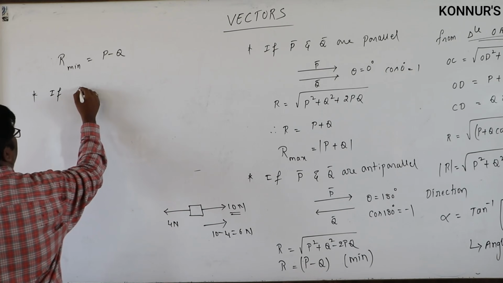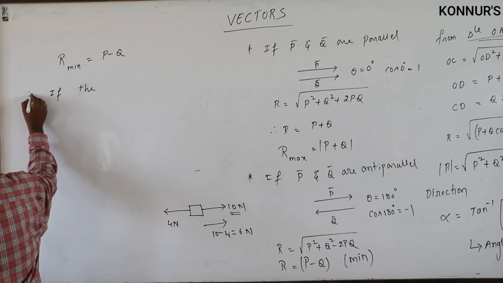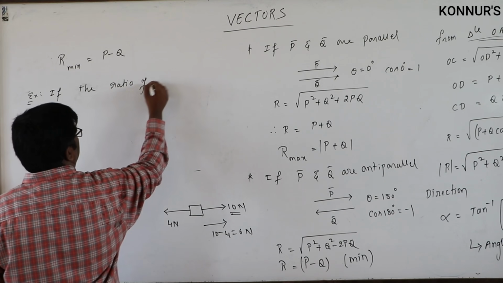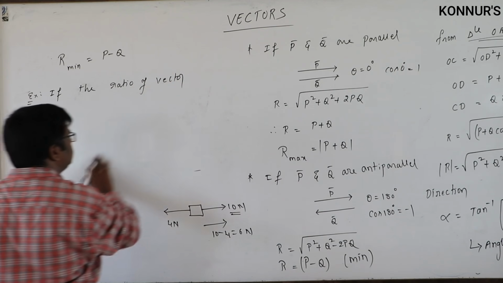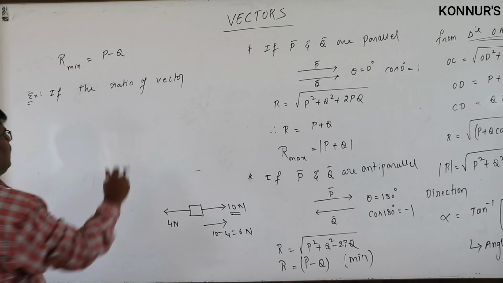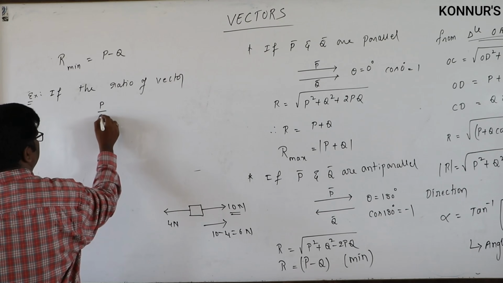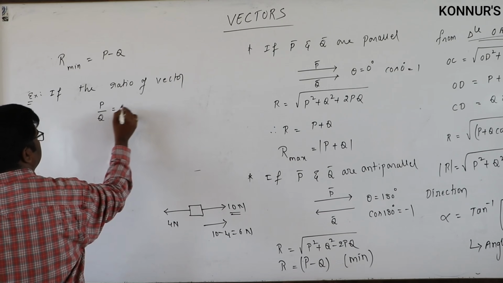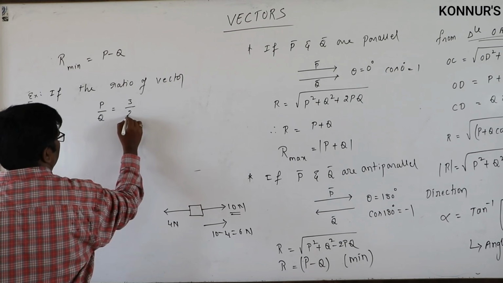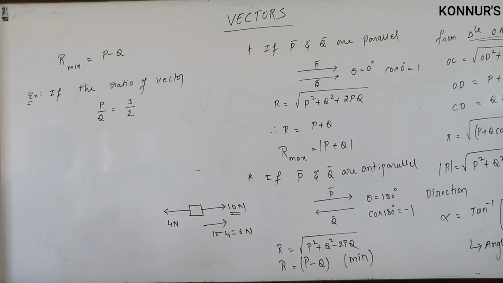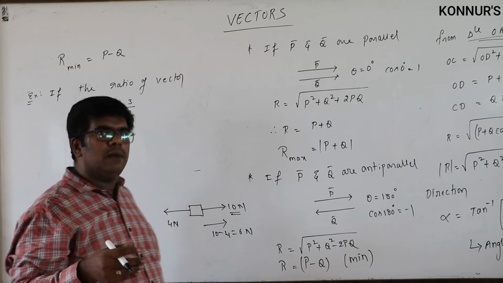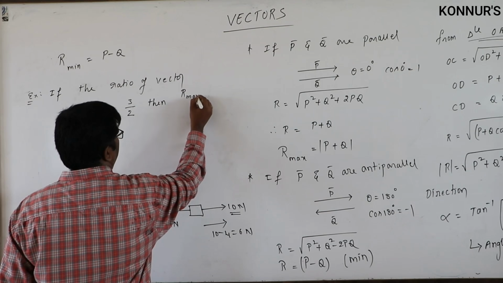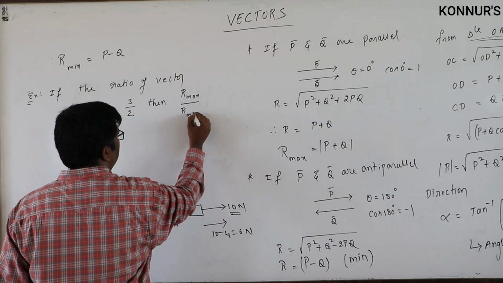If they give some ratio of vectors, for example, the ratio of magnitudes of two vectors p and q, p by q, is 3 by 2, then what is the ratio of their resultant maximum to resultant minimum?